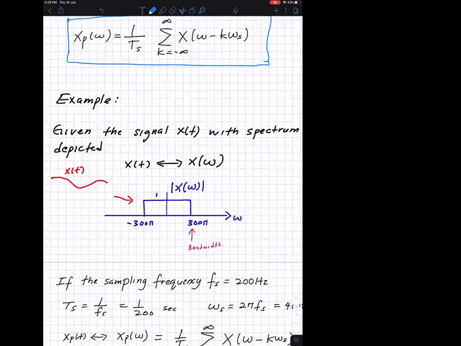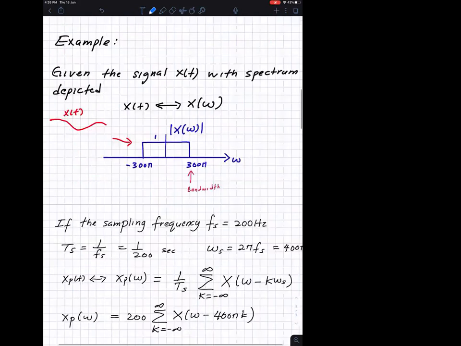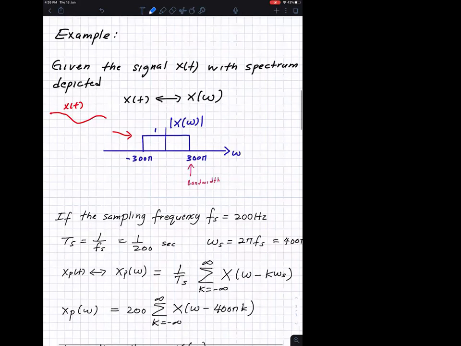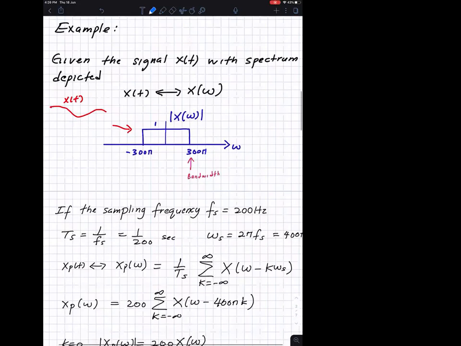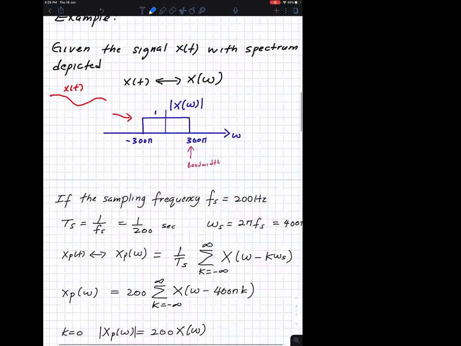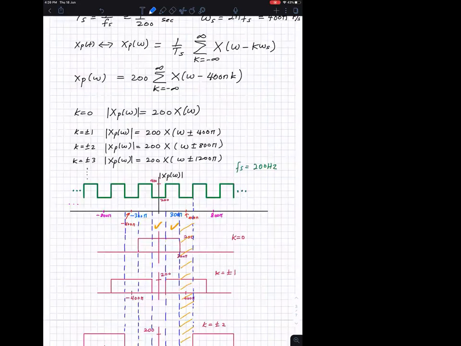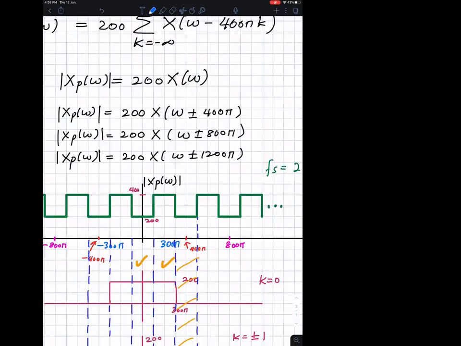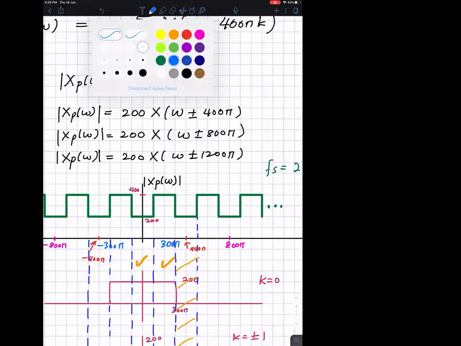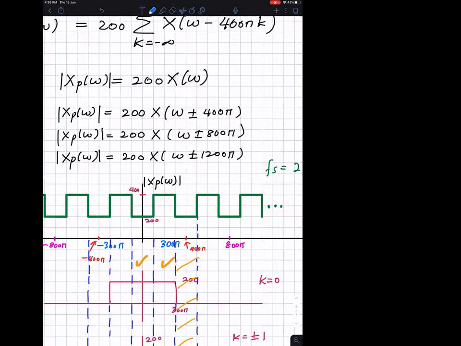So when your sampling frequency is 200 hertz at the output, this is what you're getting, right? Let's say I use a filter to filter from plus minus 300 pi to try to recover my signal.